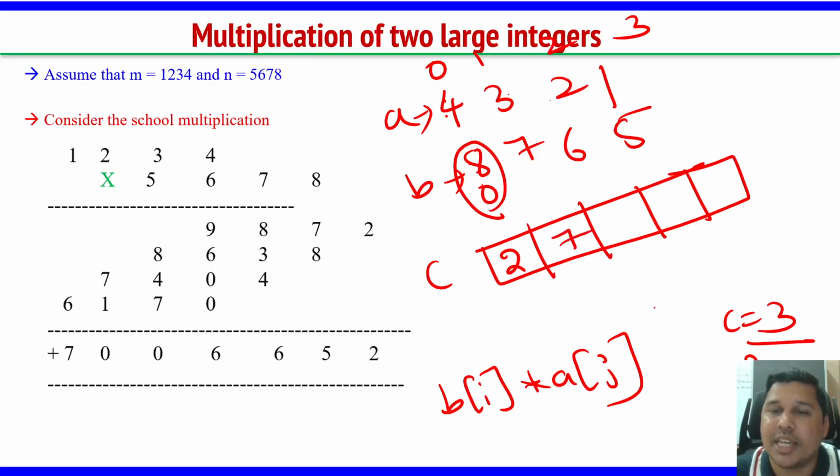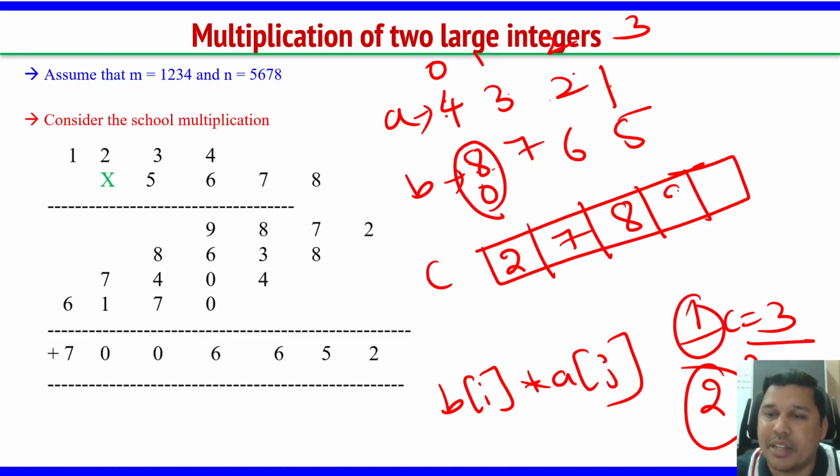So, 7 comes here, carry will be 2. Again 8 2s are 16 plus 2, 18, 8 comes here, carry is 1. Then 8 1s are 8 plus this carry 1, it becomes 9. This way you will fill the C array. This is the first time: i is fixed to 0, and j ranges from 0 to 3.